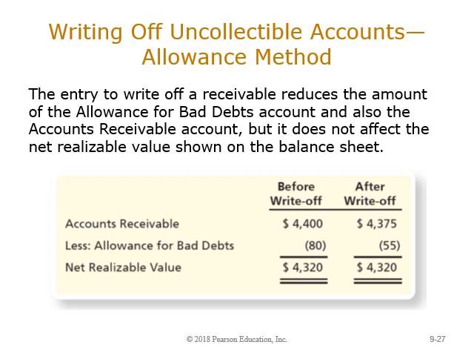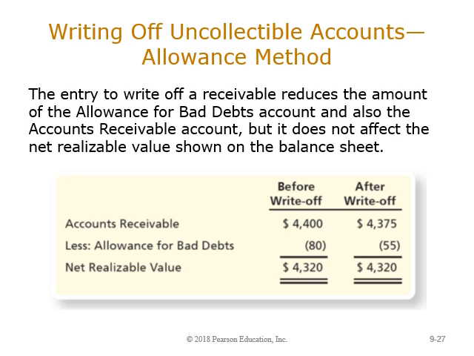Here we see it before the write-off and then after the write-off, that $25 write-off that we just took. Before, our balance sheet looked like this. We had accounts receivable of $4,400 and the allowance for bad debt at a negative $80. Then our net realizable value of our accounts receivable was $4,320.